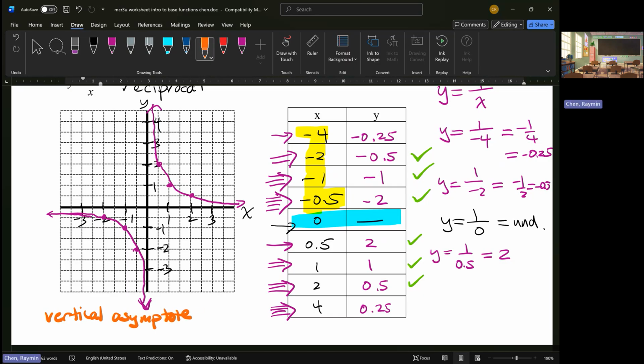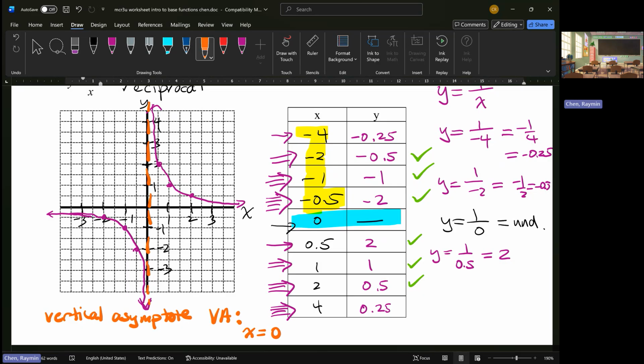And it happens to be at literally x equals 0. VA for short. And its equation is x equals 0. It's a vertical asymptote. Notice we cannot cross it. It causes the function to get closer and closer to it.